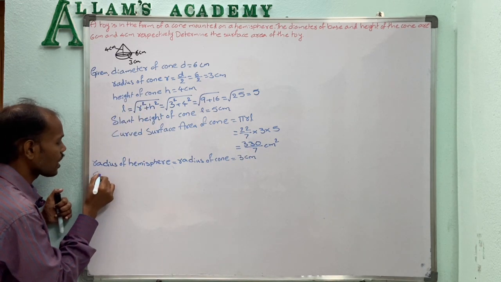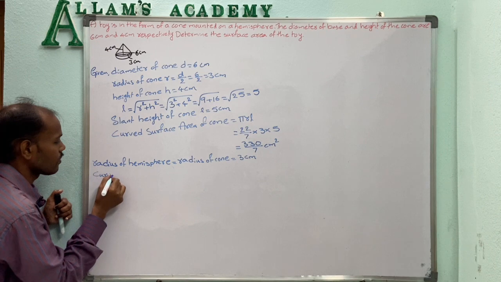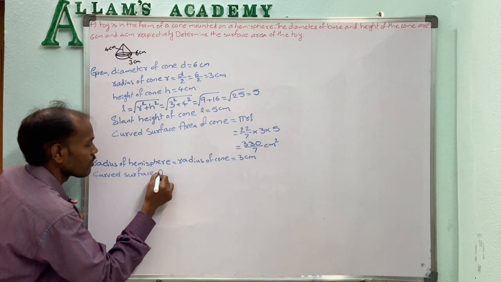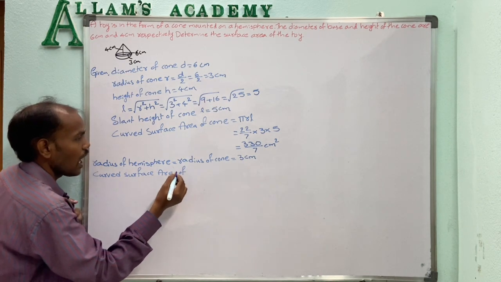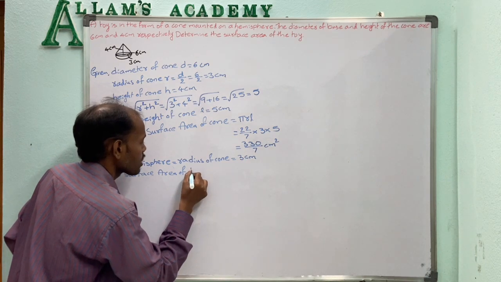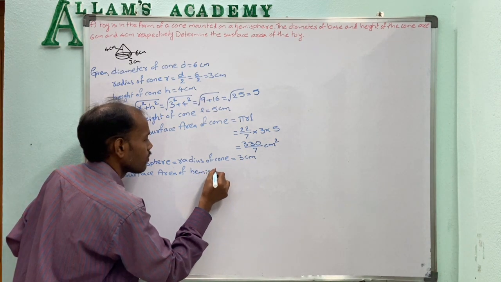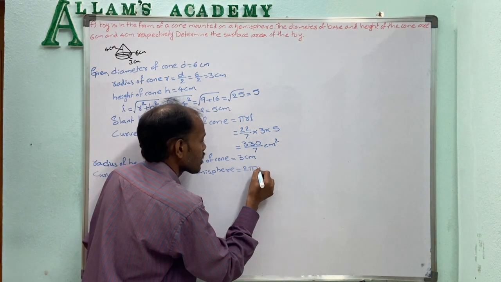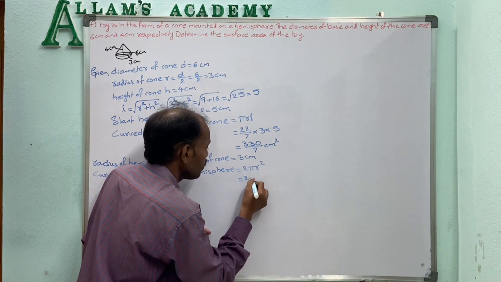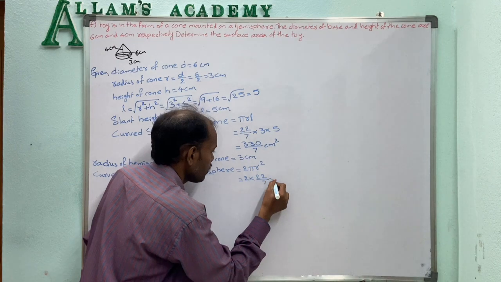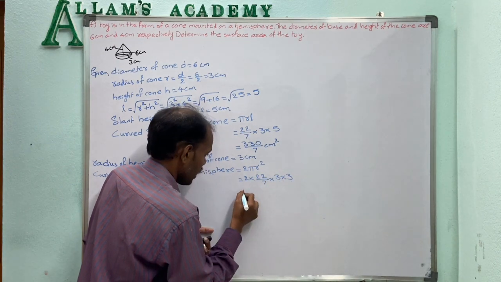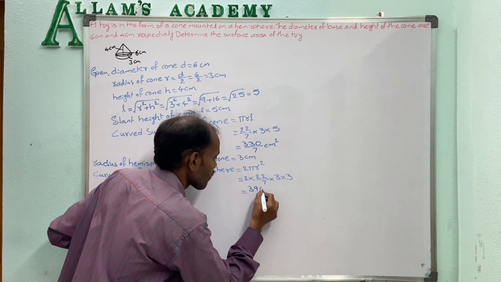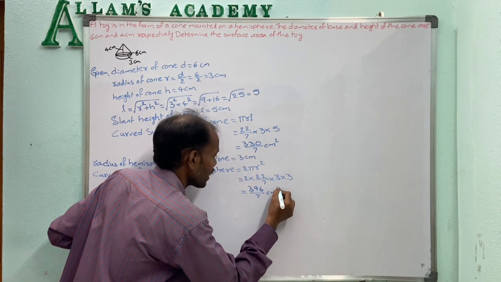Now the curved surface area of the hemisphere = 2πr² = 2 × 22/7 × 3 × 3, which is nothing but 396/7 cm².